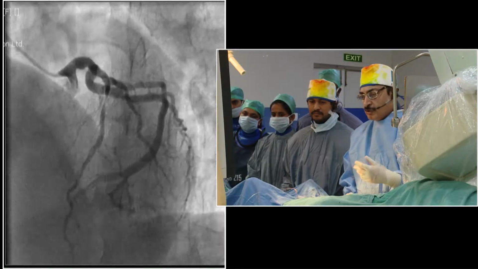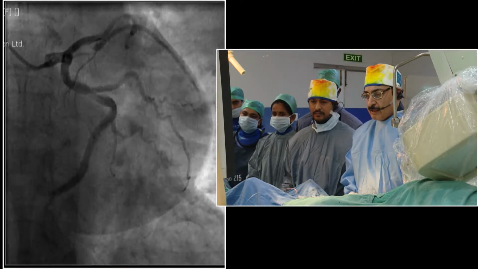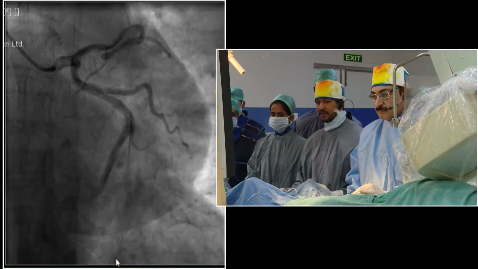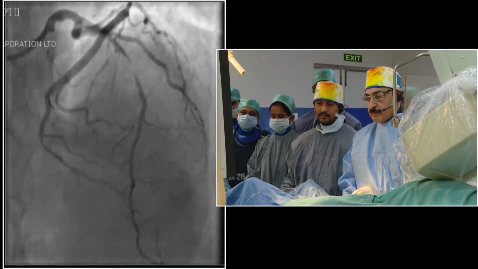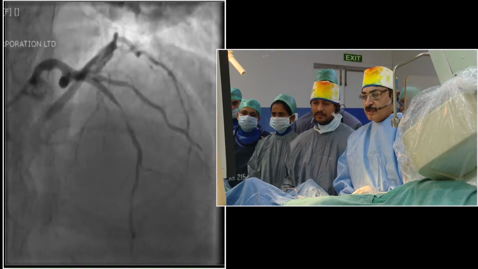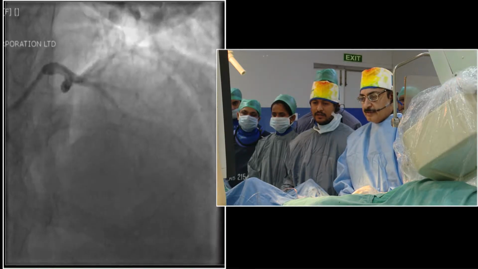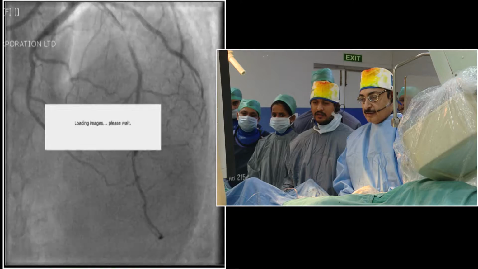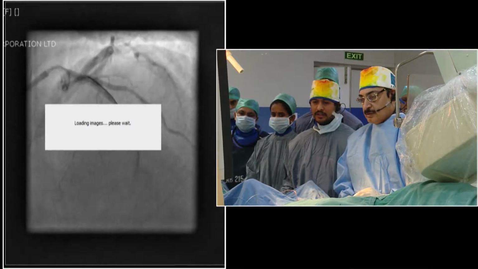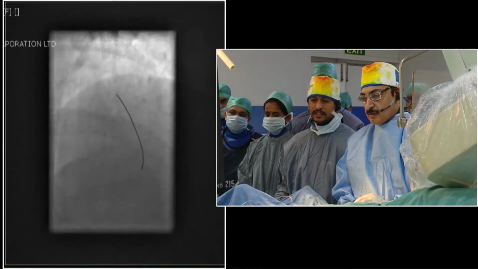So I'm going to now take you through what we did for the LAD angioplasty. Go next for the angioplasty, please. So this is the lesion. We crossed with an Allstar wire. Go next.